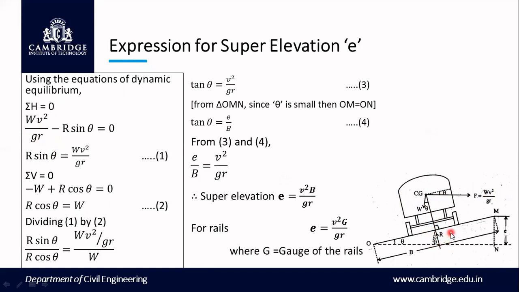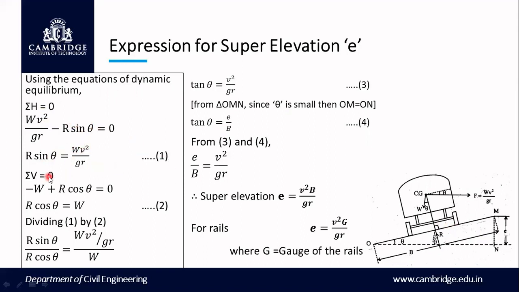So if we resolve, it will be in the negative side. So minus R sine theta is equal to 0. No other forces, only this and the horizontal component of reaction, that is R sine theta. You know that the nearer side will be cos and the farther side will be sine. I can rewrite this as R sine theta is equal to WV square by GR. So this is the first equation.